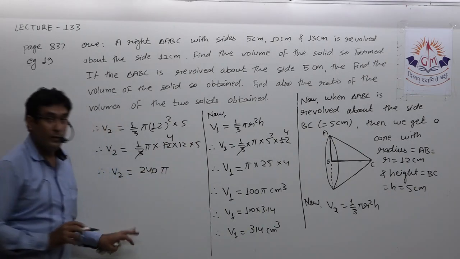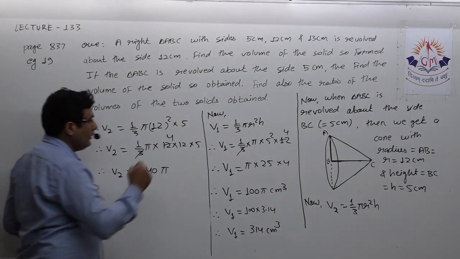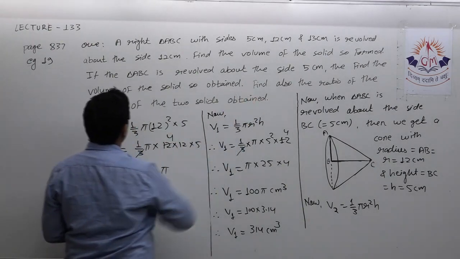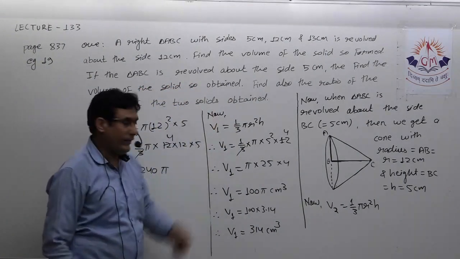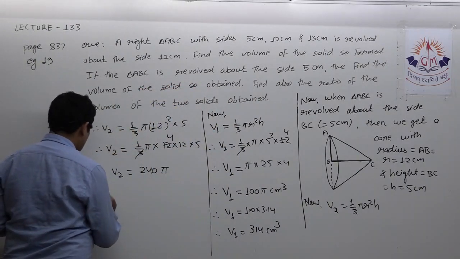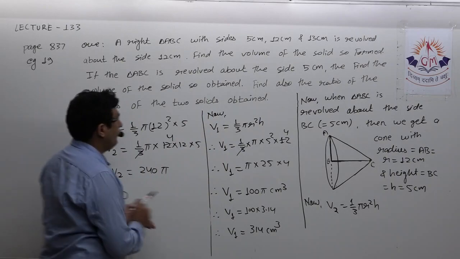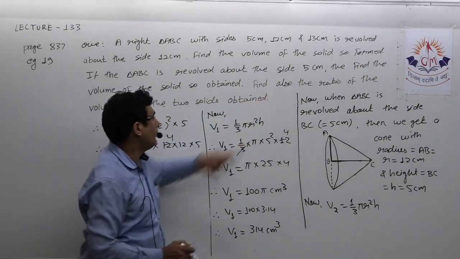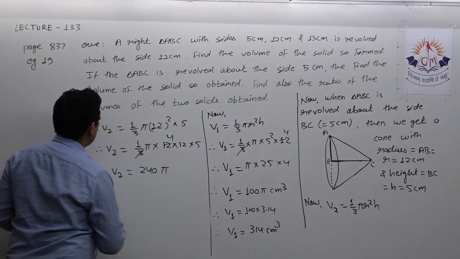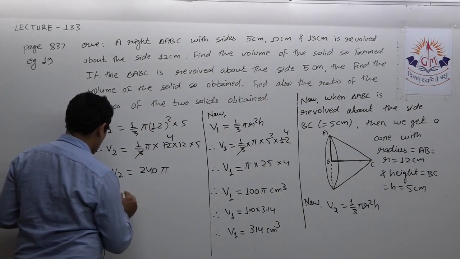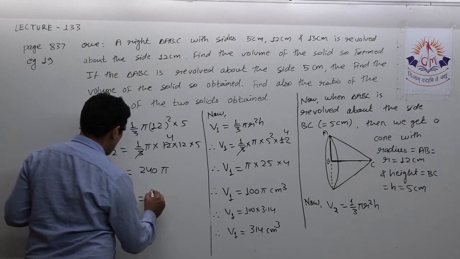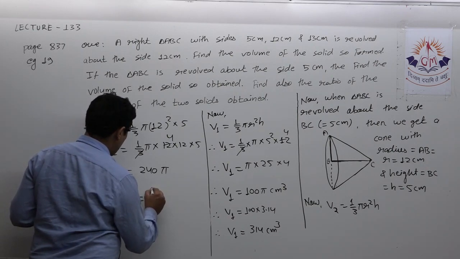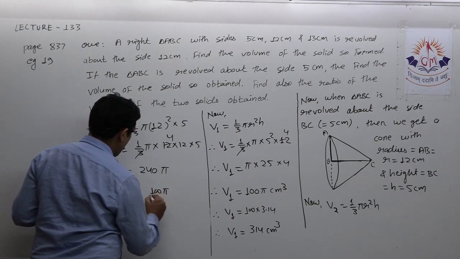Okay, that is the volume of the cone 2, or that means volume of the cone when the triangle is revolved around the side 5 centimeter. After this, we have to find the ratio of the volumes of the two solid substances. So now V1 upon V2 is equal to 100 pi upon 240 pi.